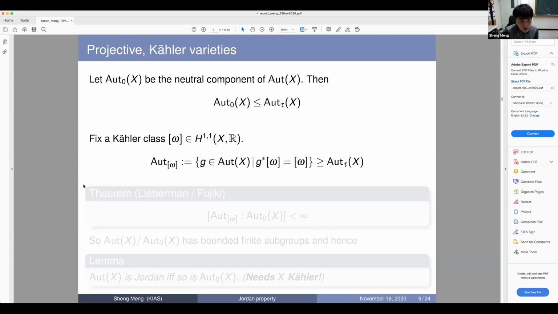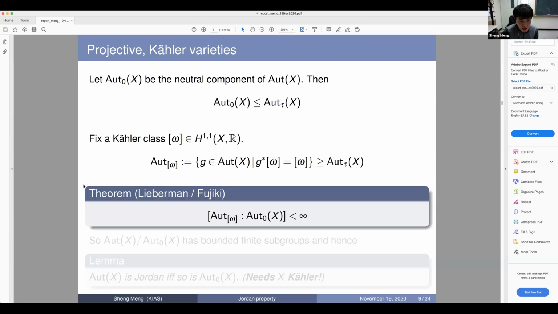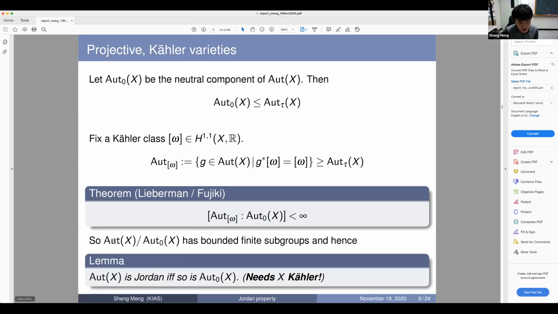Then by a famous theorem of Lieberman and Fujiki, who proved independently that Aut_omega contains Aut_0 with finite index. So together, we see that the quotient group Aut(X)/Aut_0 has bounded finite subgroups. And then we only need to show that this group Aut_0(X) is Jordan.